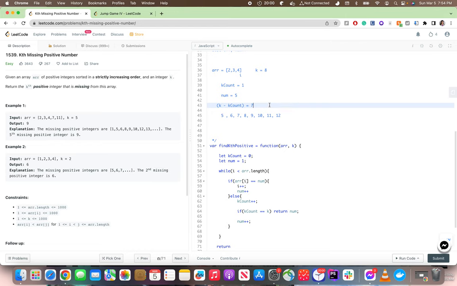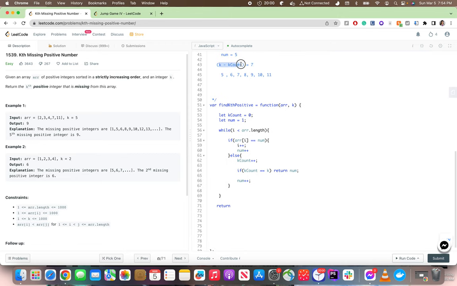To find 7 more, we would have to add 7 with 4. 7 8 9 10 11. Yeah, so it would be written k minus k count plus array dot length minus 1.